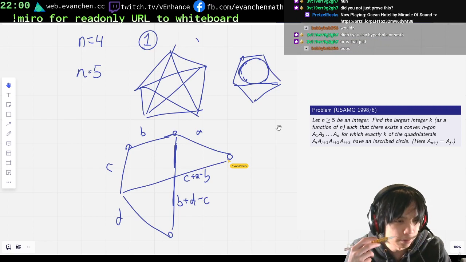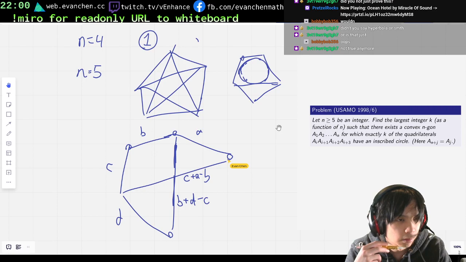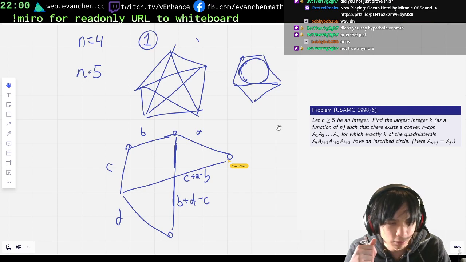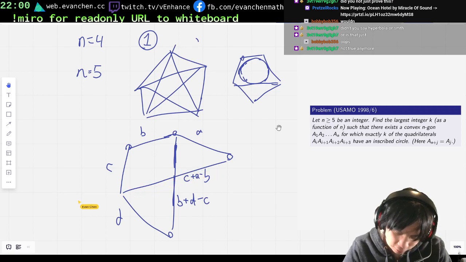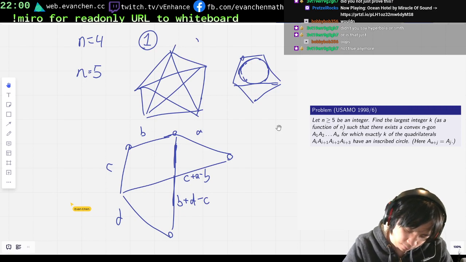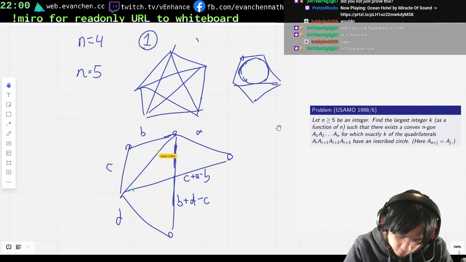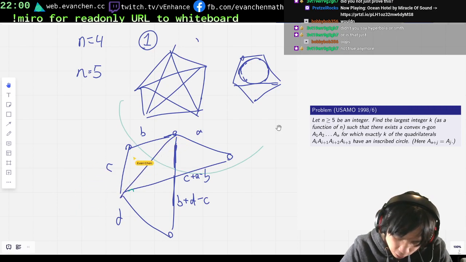Didn't you say hyperbola or something? I was trying to do something different where I was given two. Oh, actually, no, you're right. The locus of points for which the difference is equal is some hyperbola branch.